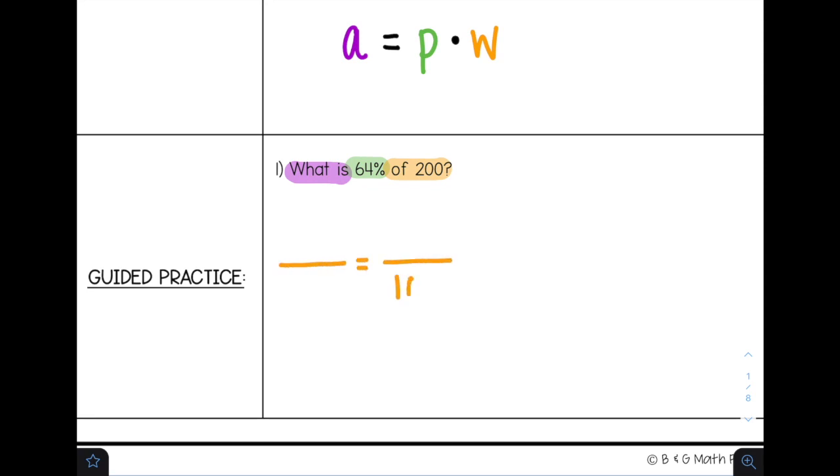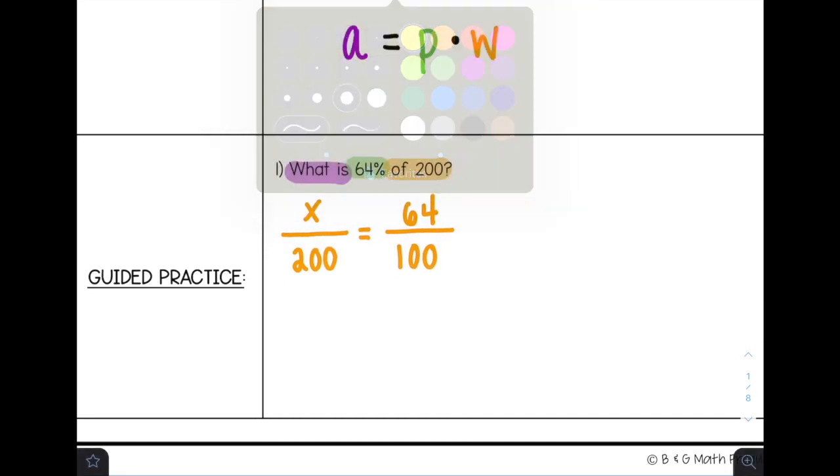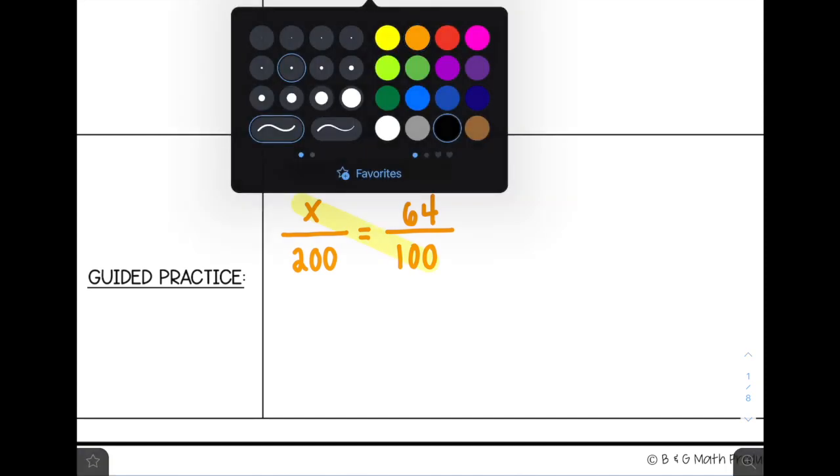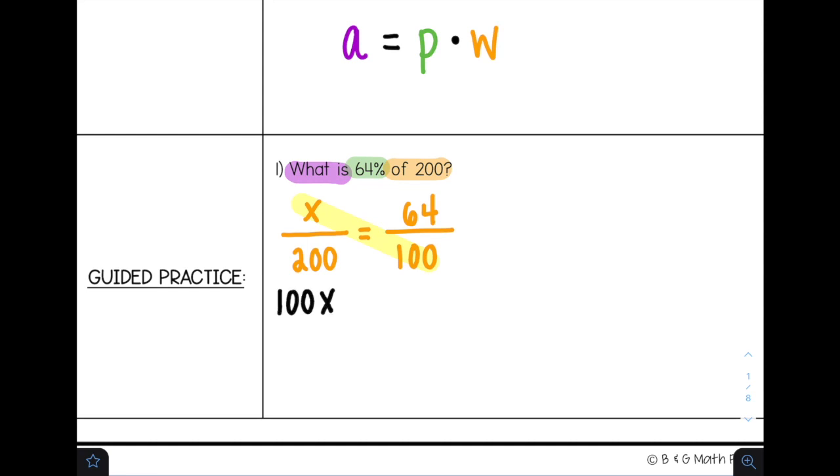We know we have two fractions. One has 100 on the bottom because that's going to represent your percent out of 100. So you have 64 out of 100. You know your whole is going to be on the bottom, and you're trying to figure out your numerator and you're representing it as x. So here we have 100 times x, and then you have 64 times 200.